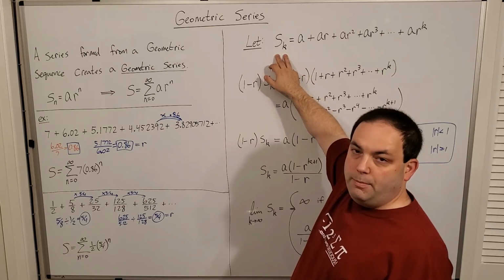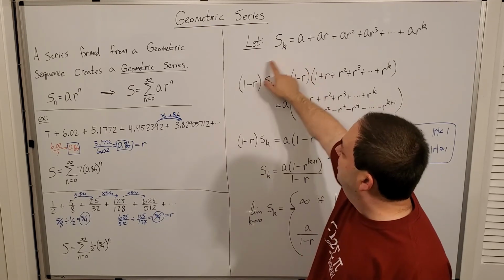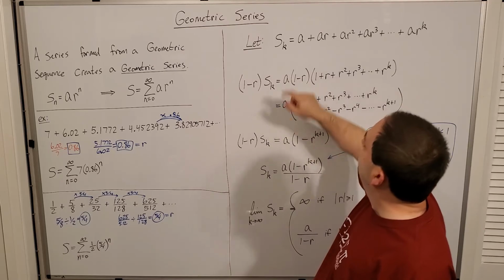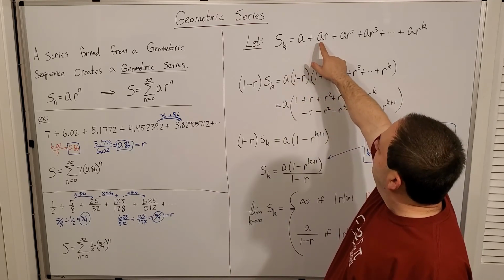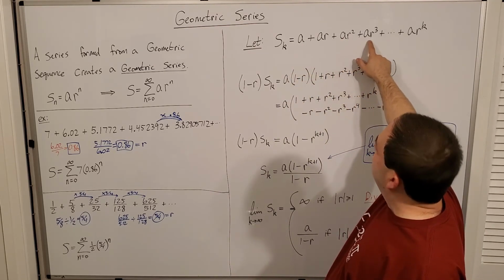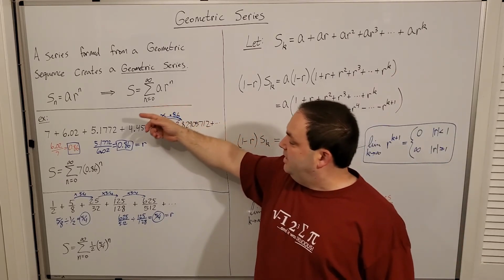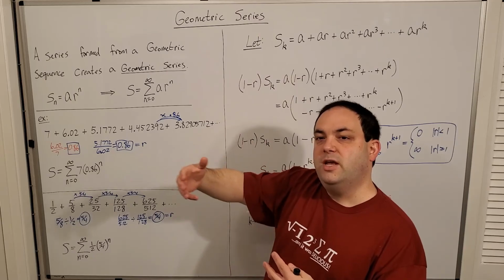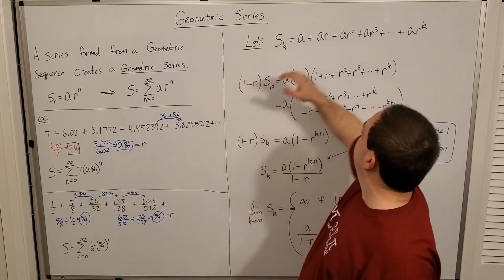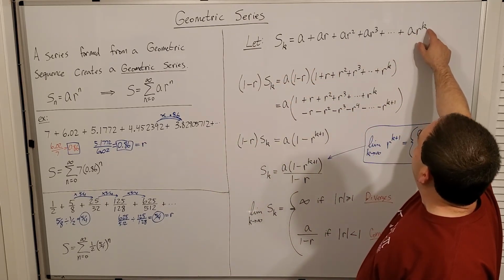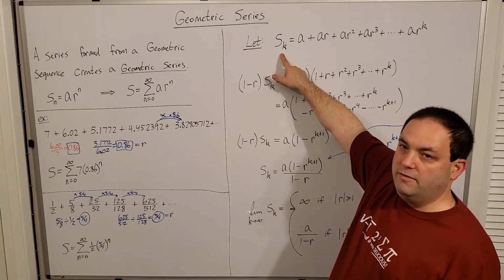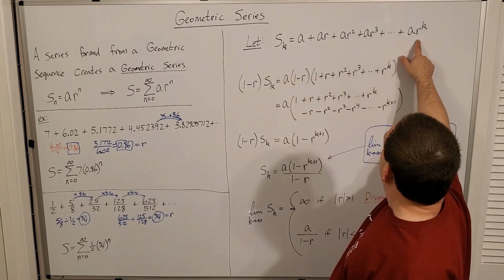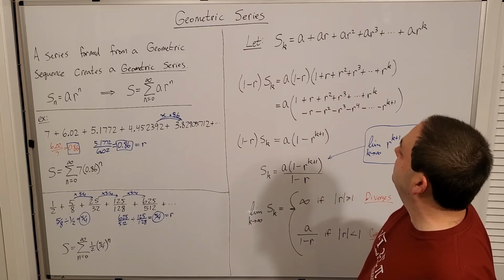So I'm going to set up a partial sum here, S sub k, for this geometric series. That's going to be a plus ar plus ar squared plus ar cubed. Each consecutive term is just continually multiplying another r, so you just get one more exponent on the r, all the way up until I reach the k value of that partial sum. So a times r to the k.